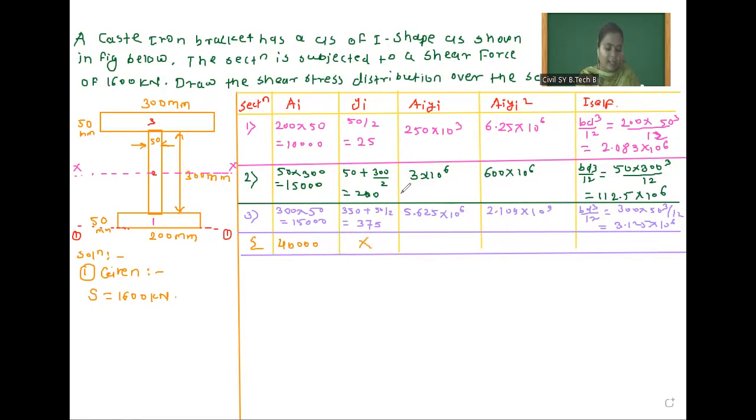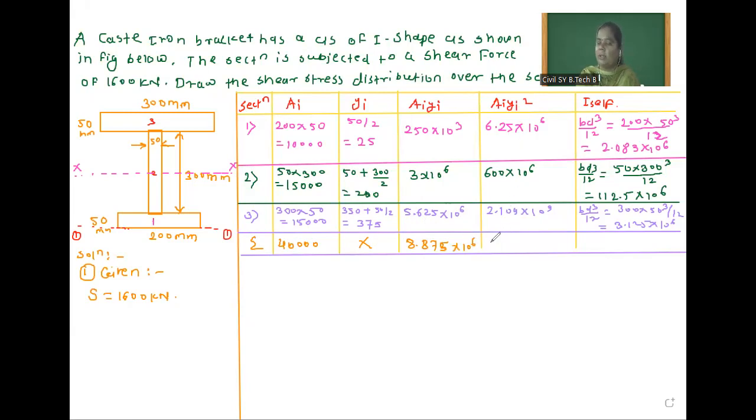YI is not required. After that, summation of AIYI: 8.875 into 10 raised to 6.